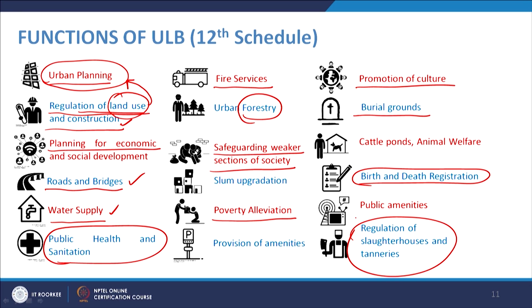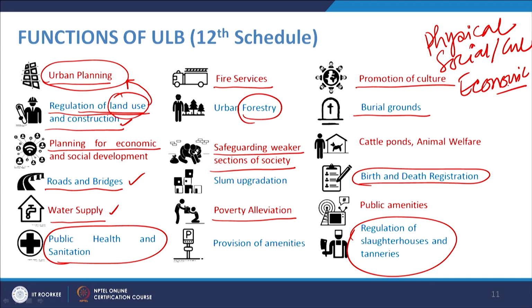If you look in a little detail or give some time to these 18 functions, you will see that some functions are related to the physical development of the city, some are related to social or cultural development, and some are there to improve the economy.